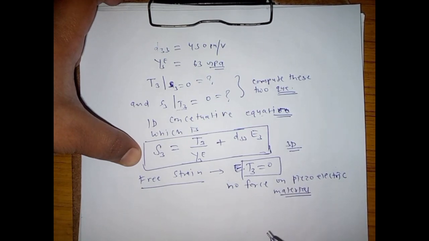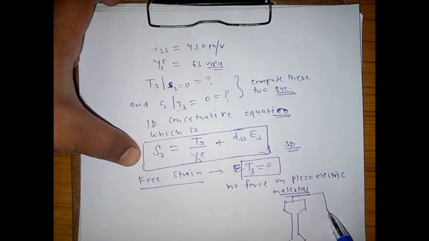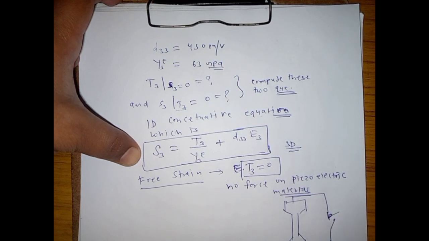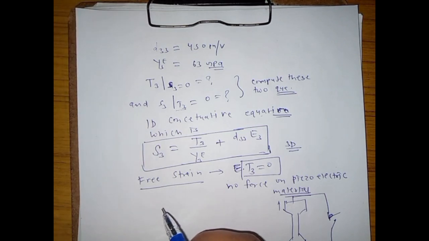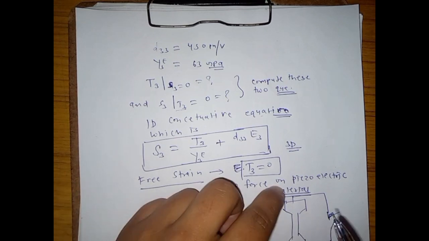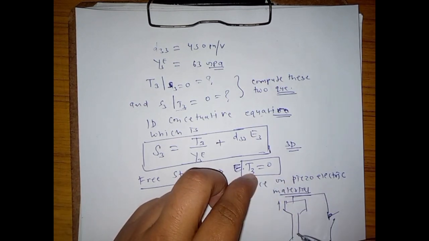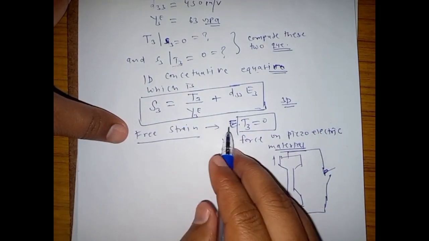So we are not applying any force on the piezoelectric material; it is free. Suppose this is the piezoelectric material, this is the wire, and this is the switch, so this is connected. We are not applying any force here and here. This is free, so this is called the free stress condition, when T3 is equal to 0. This is the free strain. It gets enlarged in this and this direction. So it's completely free, so T3 is equal to 0.